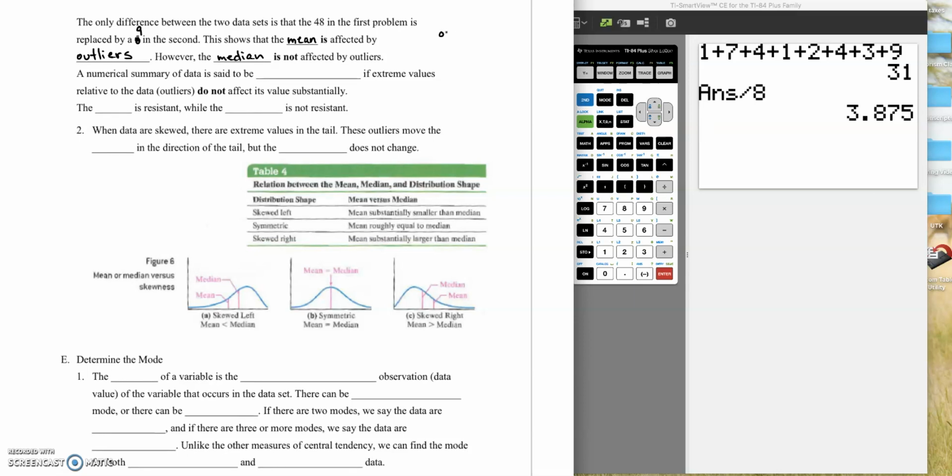And an outlier is just a data value that is extreme, meaning much higher or lower than the rest of the data. And in a few more sections, we'll have a way to determine exactly what is an outlier.